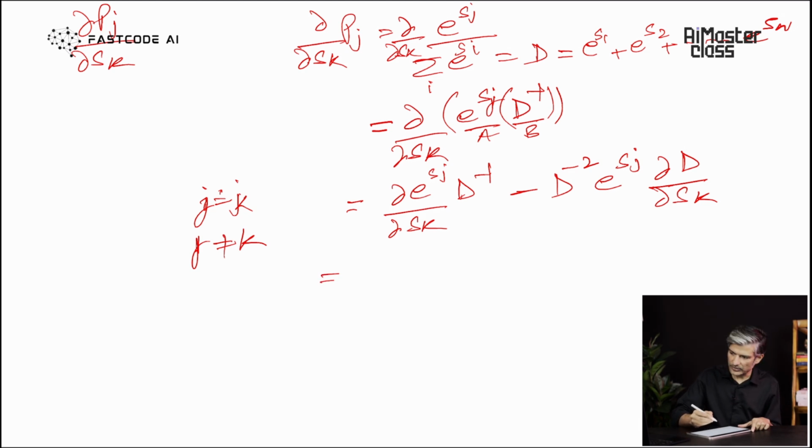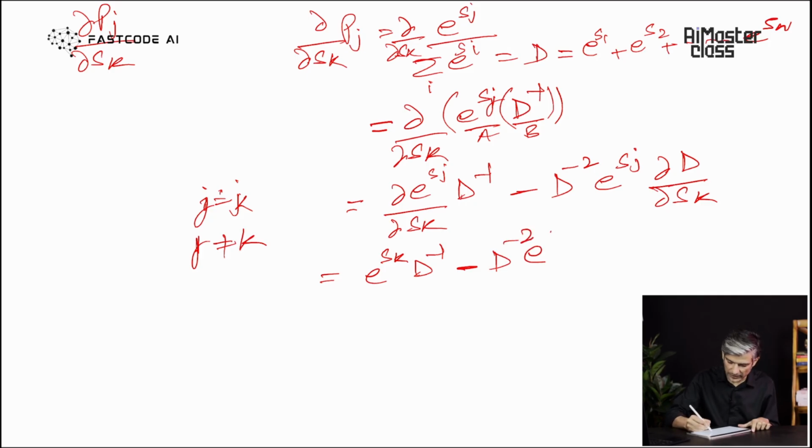We know that when we differentiate, say, e to the power x with respect to x, it is e to the power x, and so we can call it e to the power sk times d inverse. And what happens to my second term? My d to the power minus 2 remains, and j is equal to k, remember.